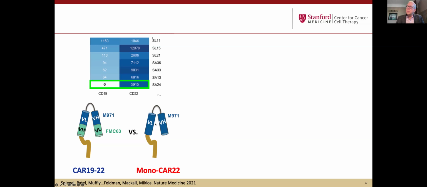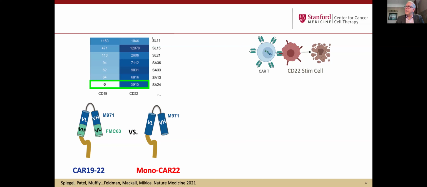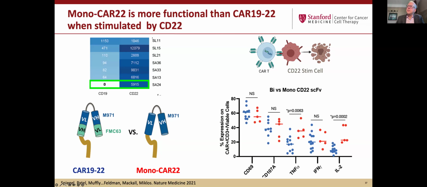So we built a 22 by itself, and this 22 by itself was tested against molecules of CD22 in comparison to the loop CAR. This graph shows, especially on the lower right, that there's a lot more IL-2 and interferon gamma and cell killing when we use the CAR-22 in isolation compared to our bispecific CAR-1922.